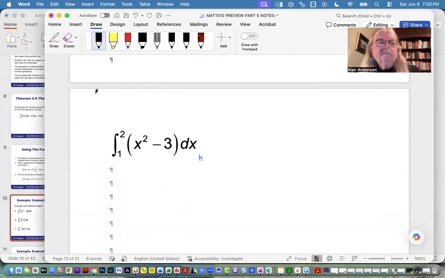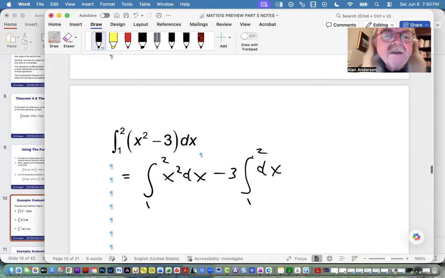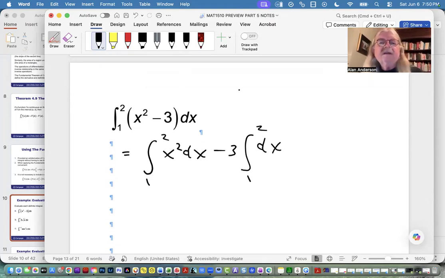Okay. So we first break it up into pieces. Okay. And using the power rule for integration, if it's a definite integral, then we need a constant.